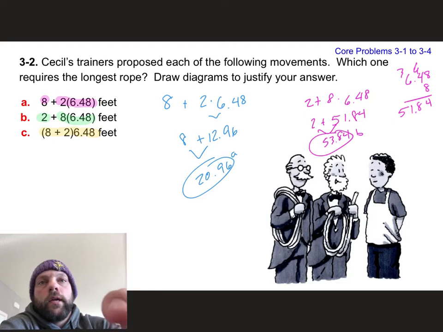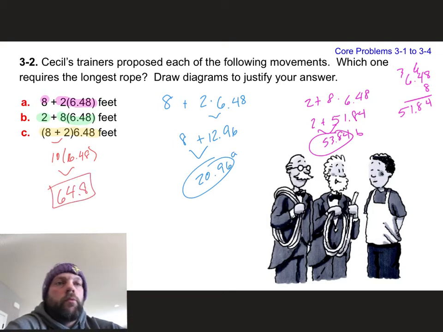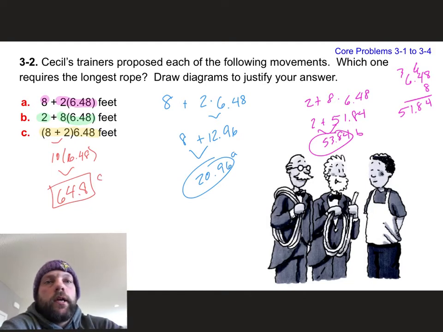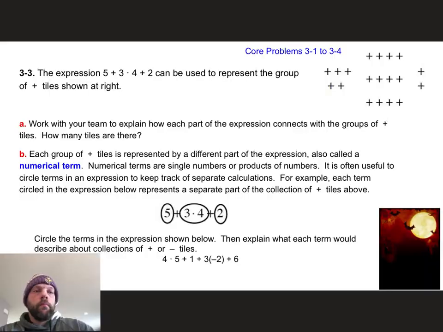So when I work out this problem, I'm going to have my parentheses 10 and then 6.48. So when I do that, I come out with 64.8.